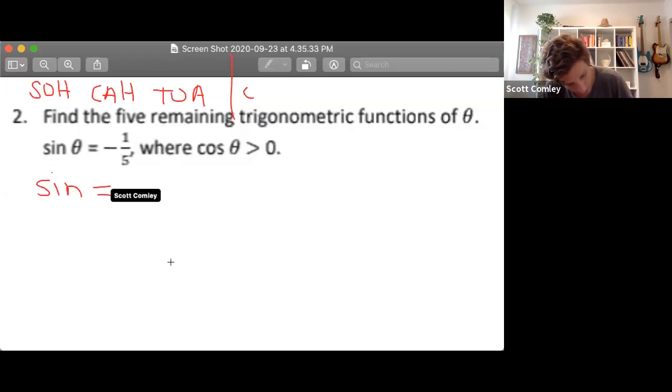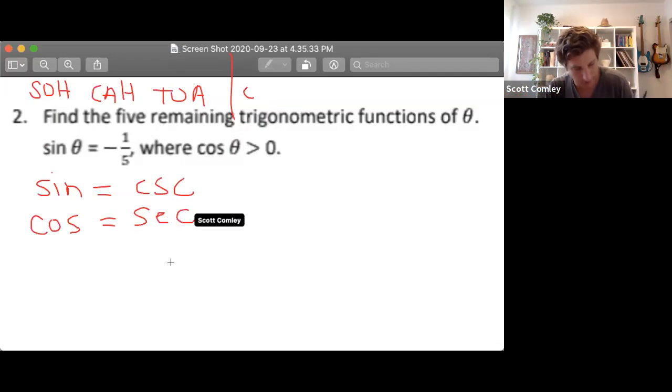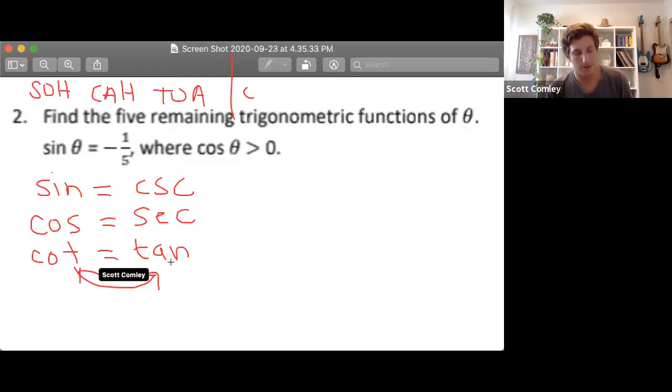Sine actually goes with cosecant. Cosine actually goes with secant. And luckily, cotangent goes with tangent. I kind of wrote those backwards, but it's okay, they're opposites of each other.